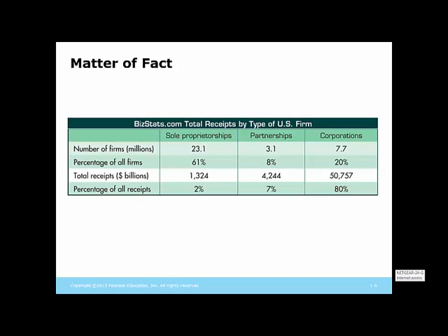So, what does the business environment look like? If you look at here, about 61% of all businesses are sole proprietorships, far and above the percentage of any other group, right? So most businesses are very small sole proprietorships. However, they only produce about 10% of all the revenues in the world.